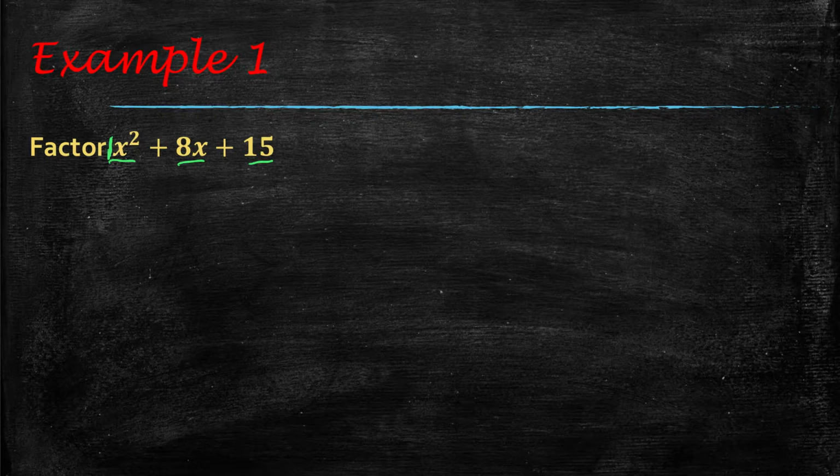So then what you're going to do is multiply your A times your C. I call making this an AC chart. Your A is the coefficient of x squared, and your C is the number that is by itself. So if I do 1 times 15, that gives me 15. And so I'm going to make a chart of all of the factors of 15.